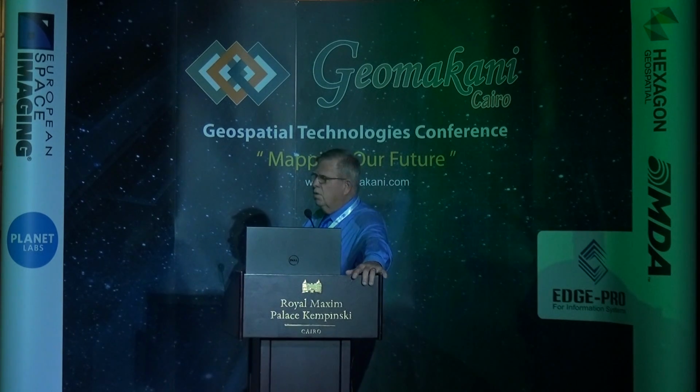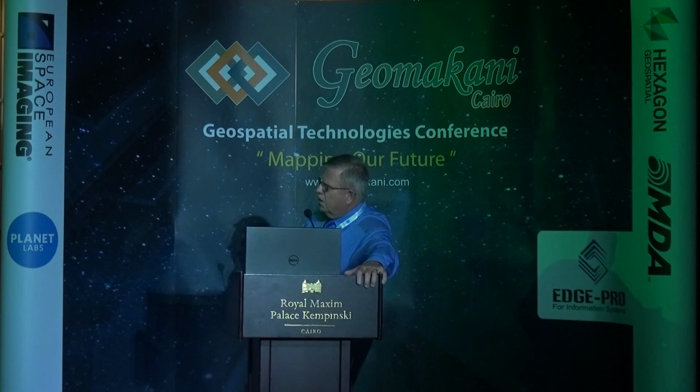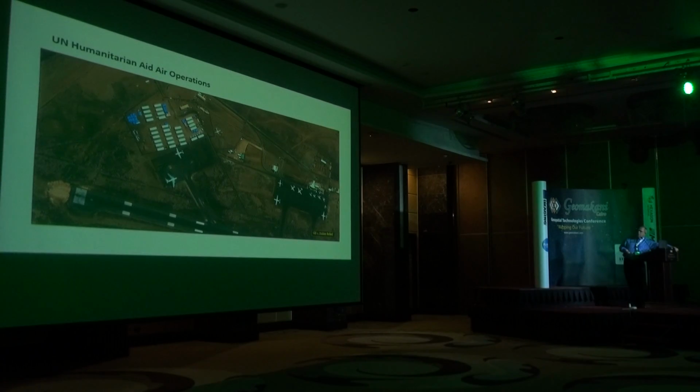Anytime there is something going on in the world, the satellites usually take photographs. And with this, you have the ability to quantify how many people are living in housing, how often the aircraft are on the ground. You can use the information to help your military to be prepared.